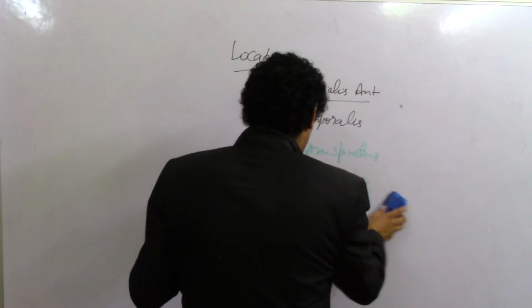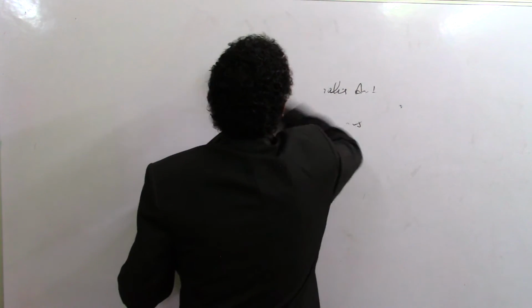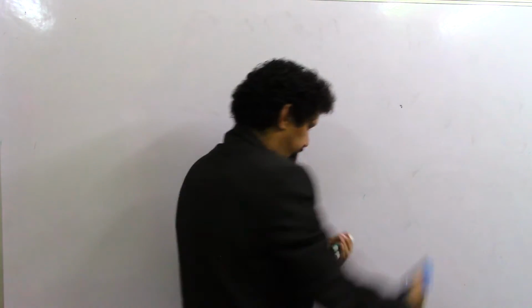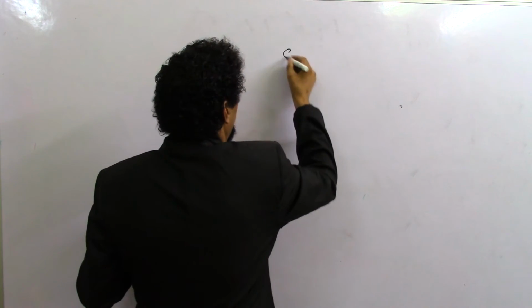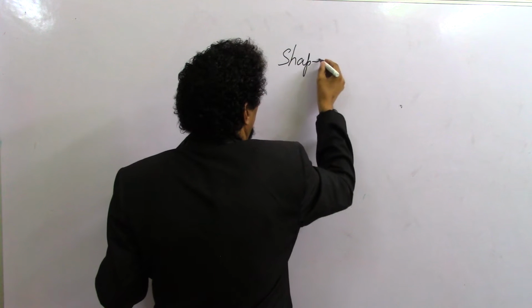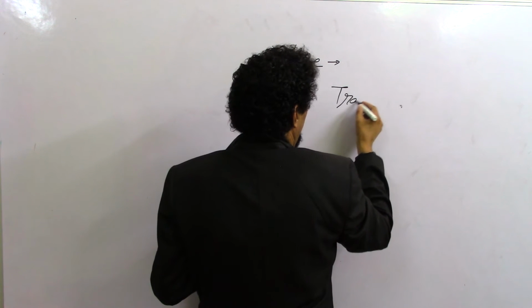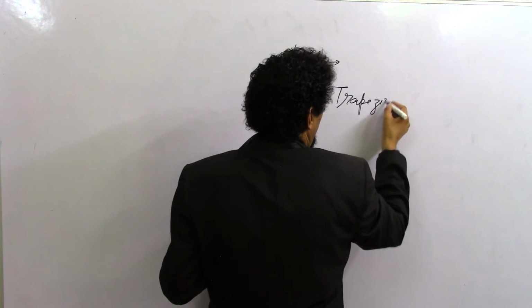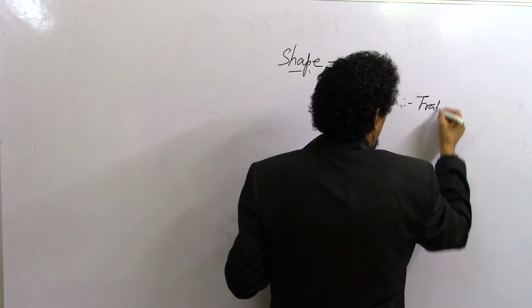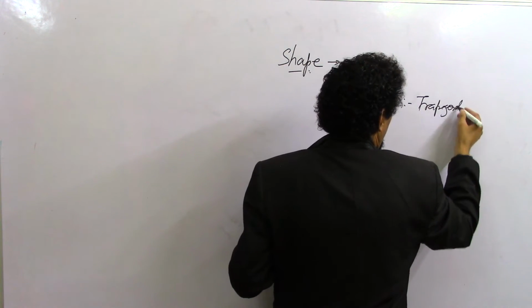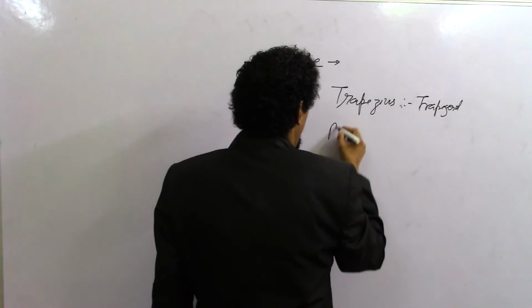When the name of the muscle is according to its shape, it may be trapezius when the muscle is trapezoid in shape. When the muscle is rhomboid, it is known as rhomboideus.